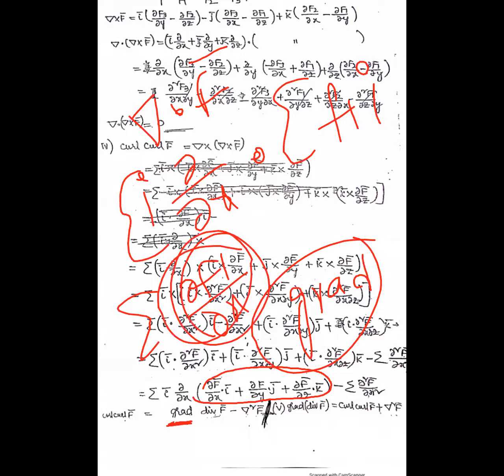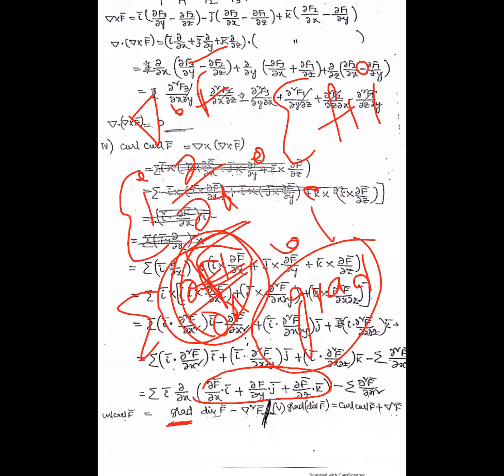So div f bar means sigma i ∂/∂x dot f1. So f1 into i. So taking sigma i dot i f1, so ∂f1/∂x. Expand the sigma, we are applying ∂f1/∂x, ∂f2/∂y, so that equals only multiplying capital F. So ∂f/∂x dot i.